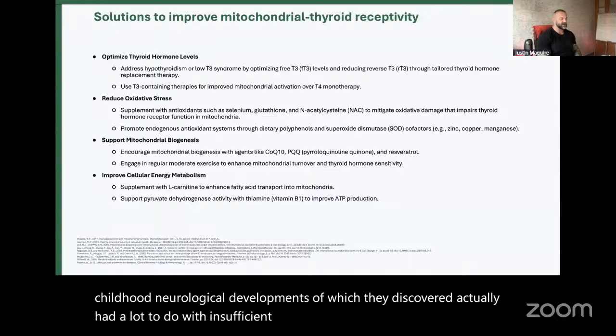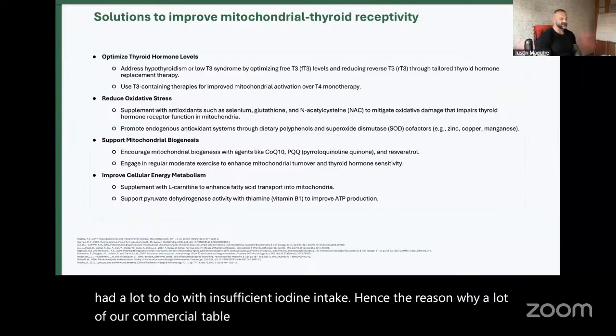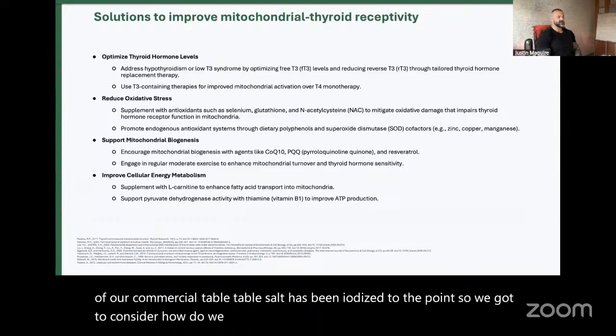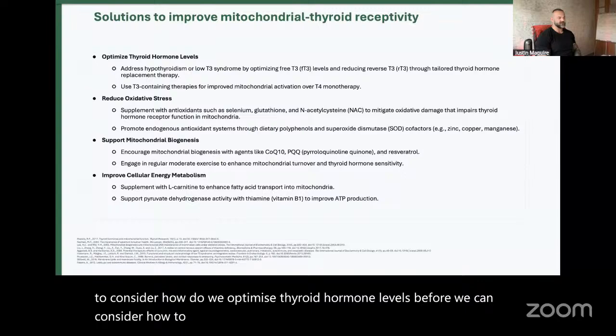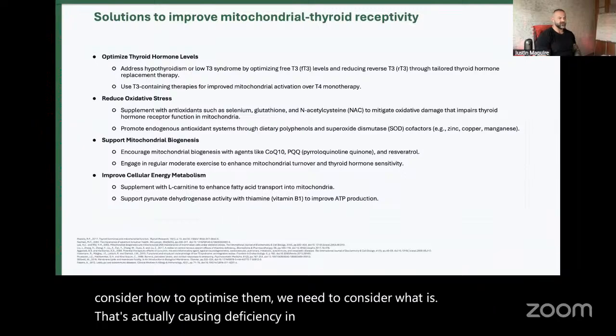Hence the reason why a lot of our commercial table salt has been iodized. So we have to consider how to optimize thyroid hormone levels. Before we can do that, we need to consider what is actually causing deficiency in either production or conversion into a state that may be causing inhibition rather than facilitation of metabolomic output.